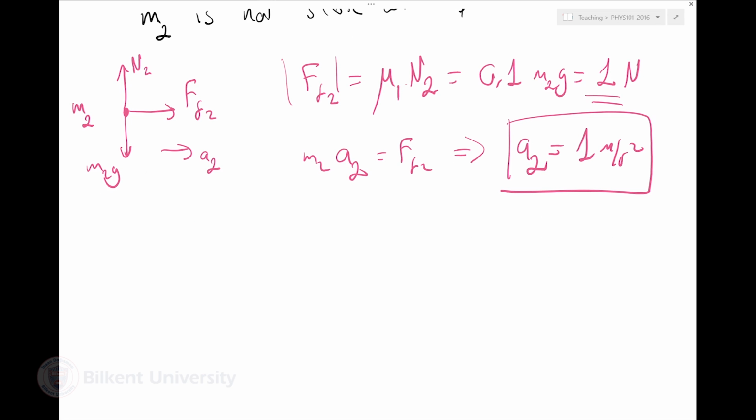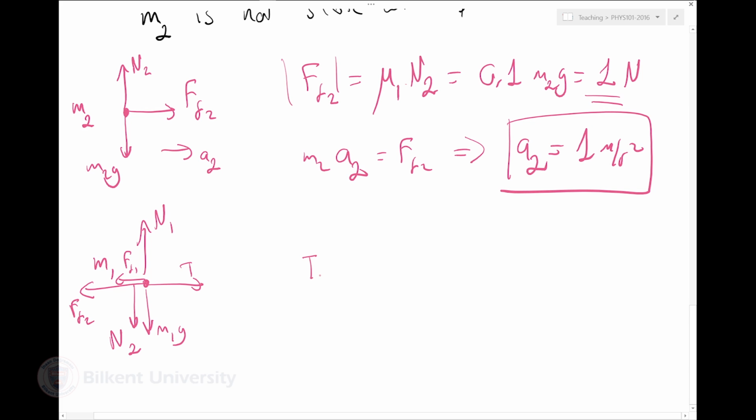How about the other two objects? For M1 I had M1G, I had N2, I had N1. The free body diagram is exactly the same. F friction 1, and I have now tension here. Tension minus F friction 1 minus F friction 2 is equal to M1A.